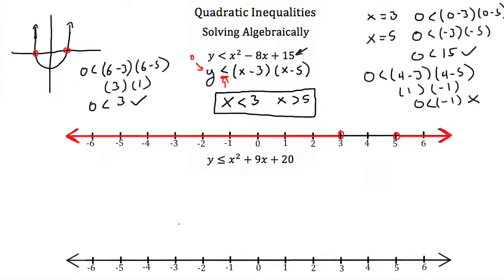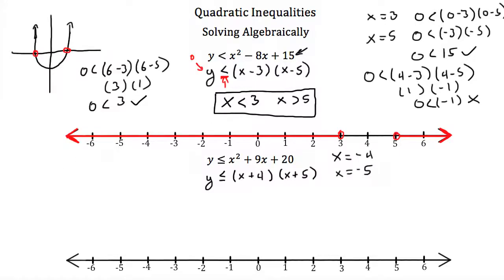Let's try this again. Here we have y is less than or equal to x squared plus 9x plus 20. Well, once again, I can factor this. This is x plus 4 and x plus 5. This also means that I have the x-intercepts of x is equal to negative 4 and x is equal to negative 5.